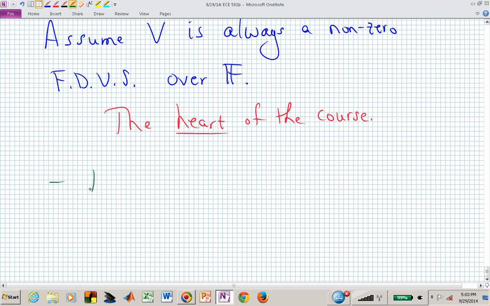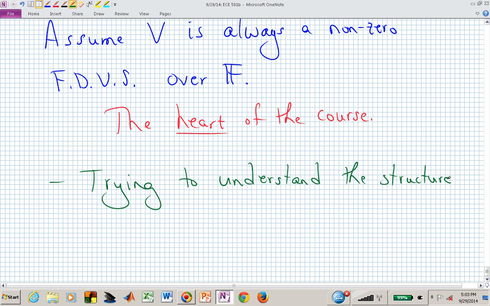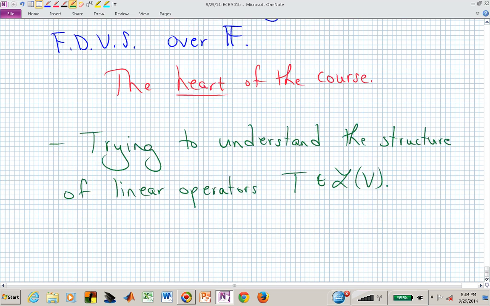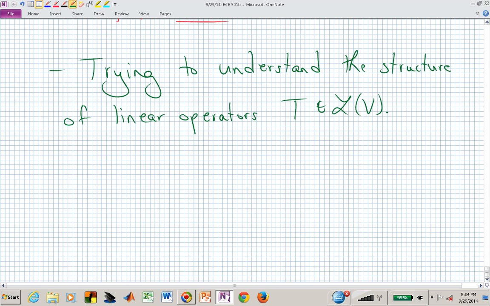We are now trying to understand the structure of linear operators T that now map to and from this vector space V.